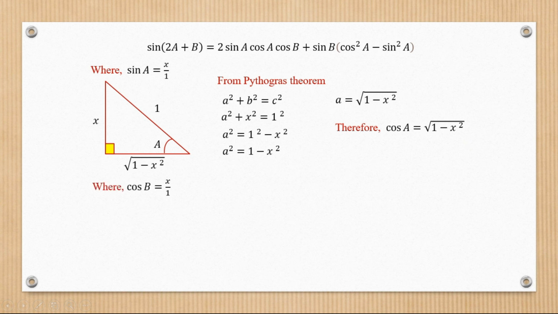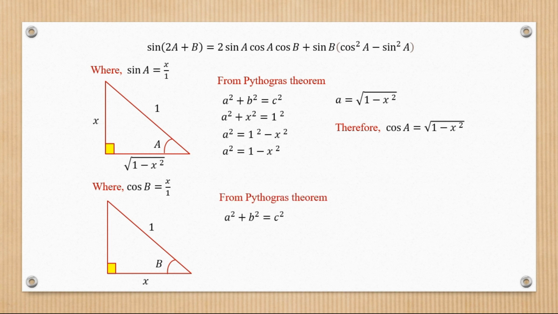Now where cos of b is equal to x, remember we can also represent that as x over 1. We can put that on a right angle triangle. Cos of b simply means adjacent over hypotenuse, so the adjacent is x and the hypotenuse is 1, from the knowledge of SOHCAHTOA. So from Pythagoras theorem, we'll have a squared plus b squared is equal to c squared, of which x squared plus b squared shall be equal to 1 squared.